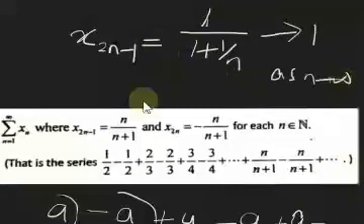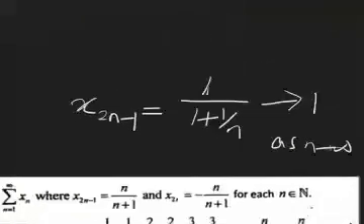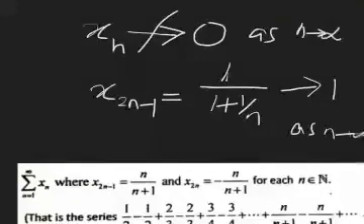Therefore, this is a subsequence of this original x_n. That means x sub n never goes to 0 as n tends to infinity, right?